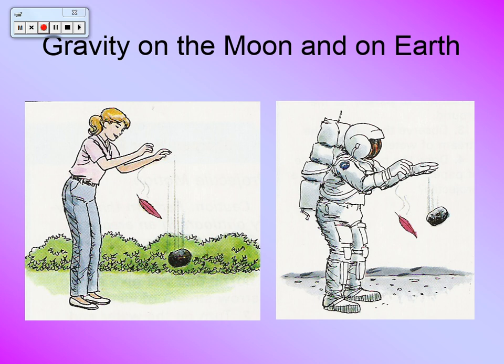We know that if we can isolate just gravity, the acceleration of these objects is exactly the same. We learned earlier in this unit that acceleration depends on two things. What are the two things that acceleration depends on? Net force and mass. Okay?